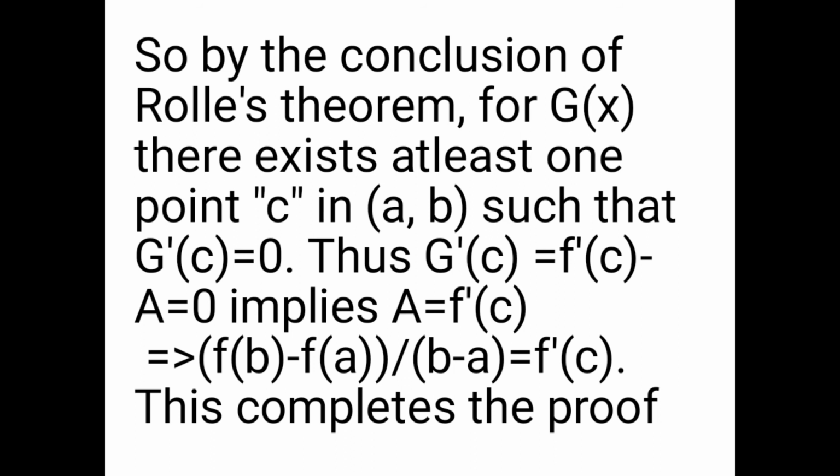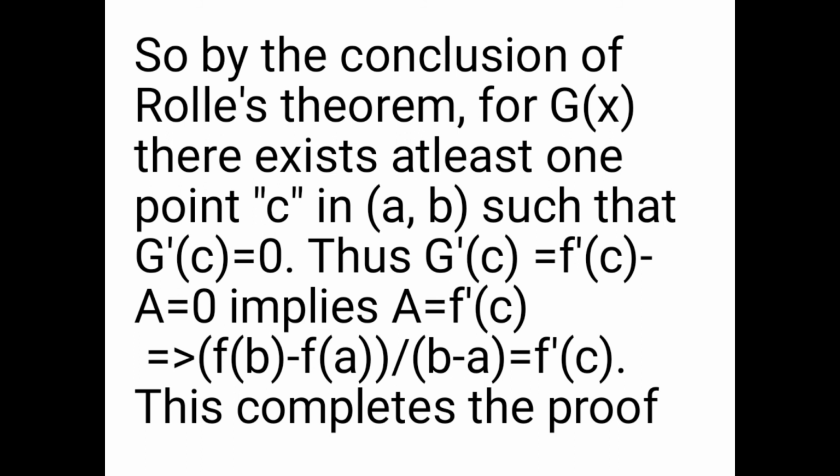So g(x) is continuous in the closed interval [a, b], g(x) is derivable in the open interval (a, b), and now with the value of A, g(a) is equal to g(b), so all the conditions of Rolle's theorem are satisfied. Hence g(x) must also satisfy the conclusion of Rolle's theorem. So there must exist at least one point c in the open interval (a, b) such that g'(c) is equal to 0.